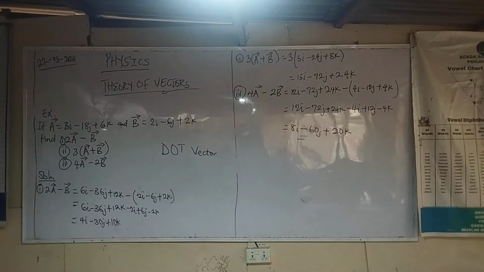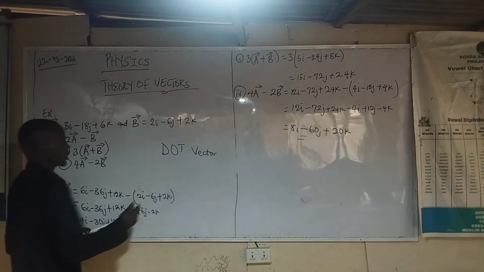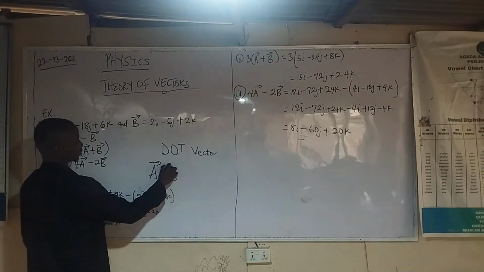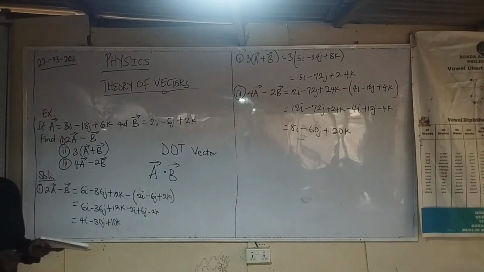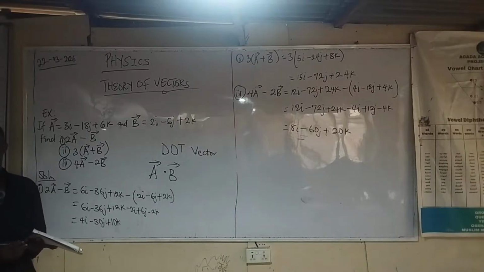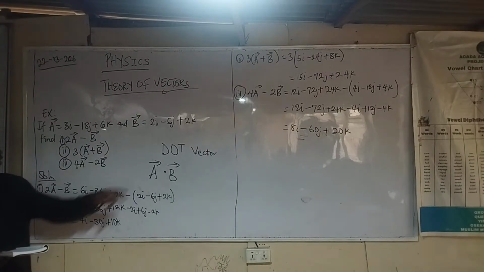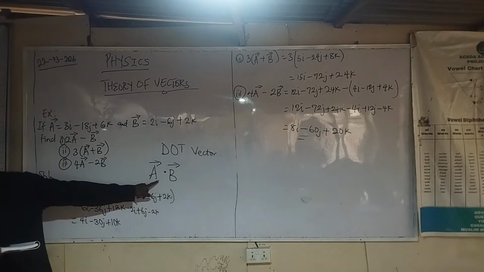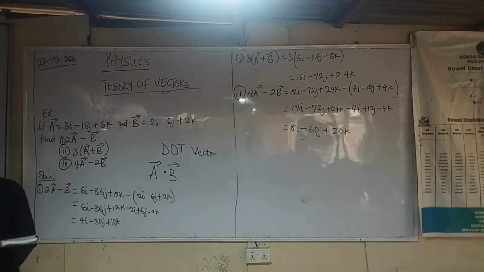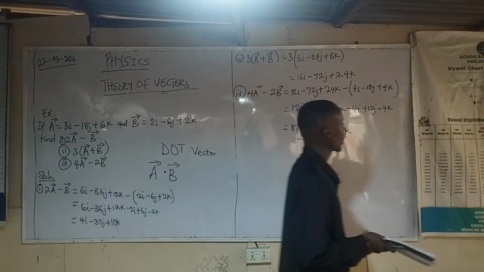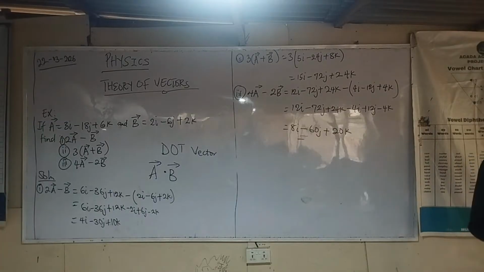It is denoted by A dot B, vector A dot vector B. So that's why it's called dot vector.